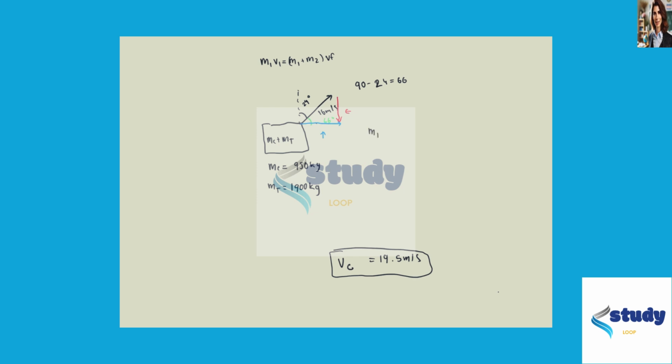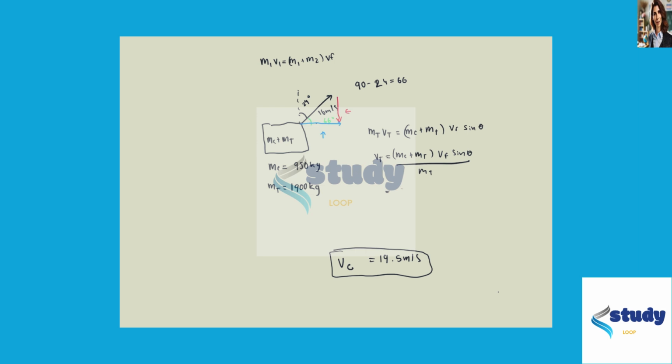It's MT VT this time, equals MC plus MT multiplied by VF sine theta. Let's rearrange the equation: MC plus MT, VF sine theta, and then divided by MT.